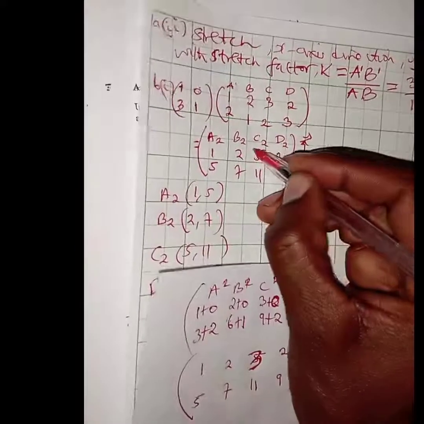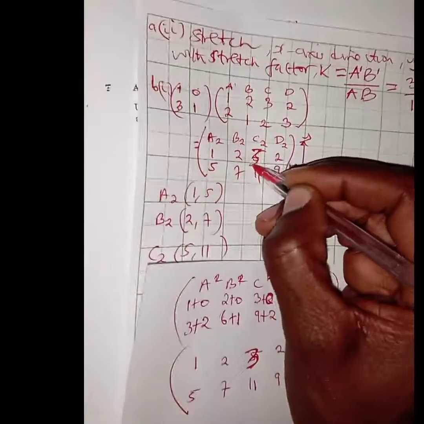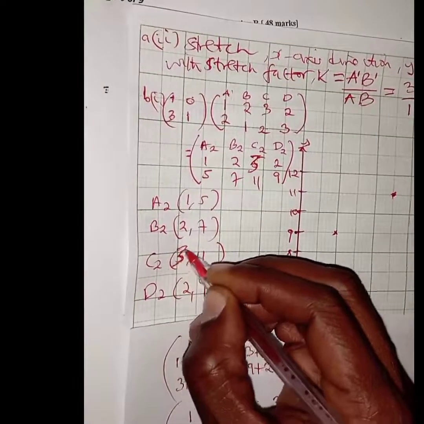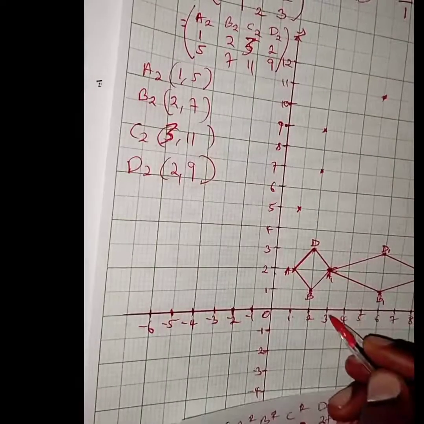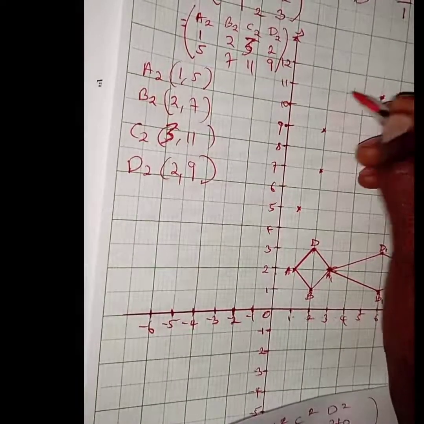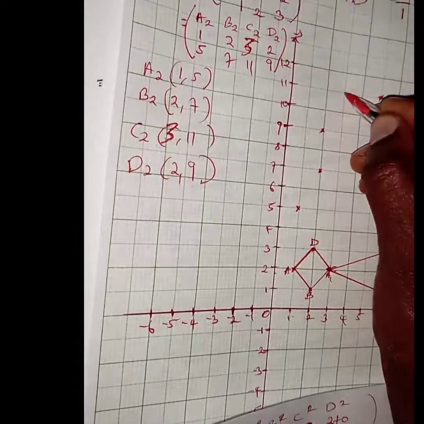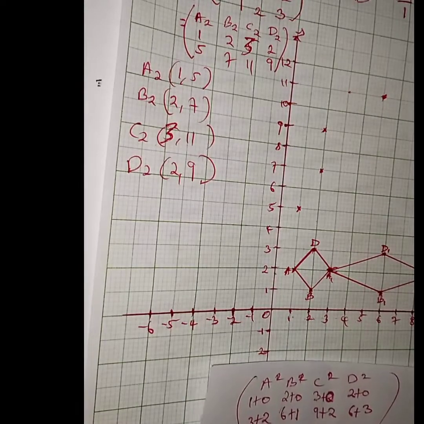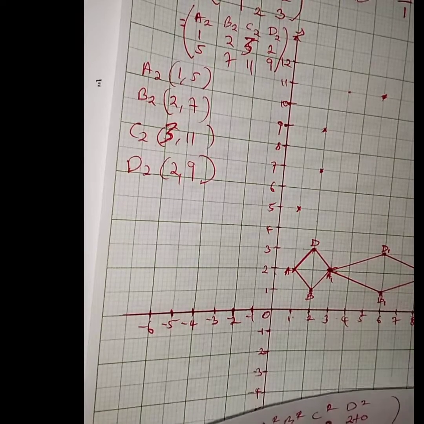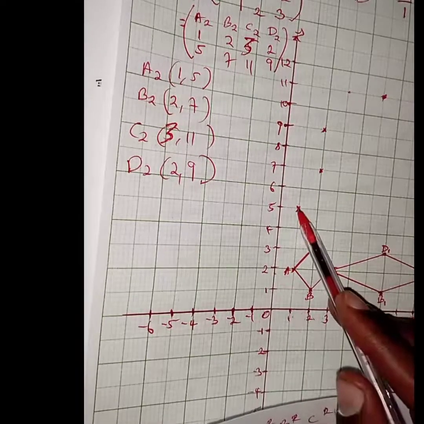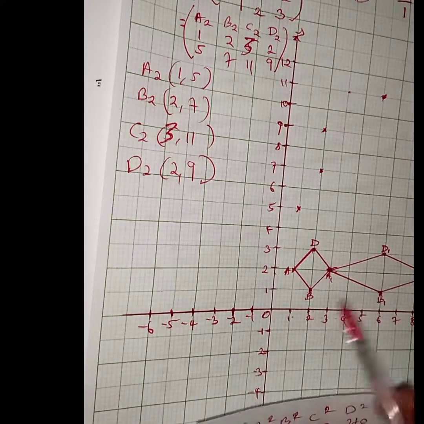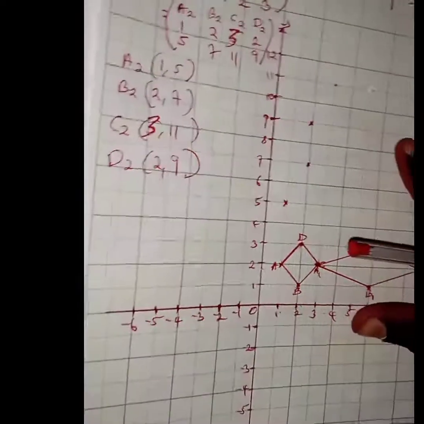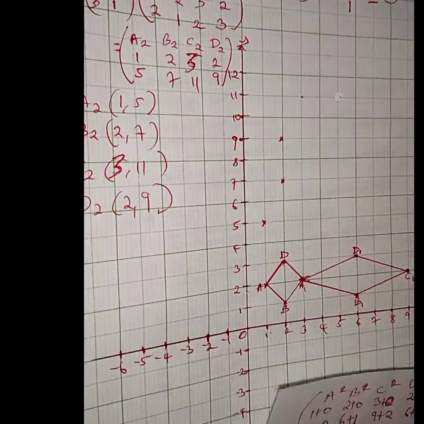So even here is 3. 3, 11. Even here, this point 3, 11 is there. See, 3, 11. So we had 1, 5, 2, 7. So this point is not existing. This is why you need to use pencils in an exam.